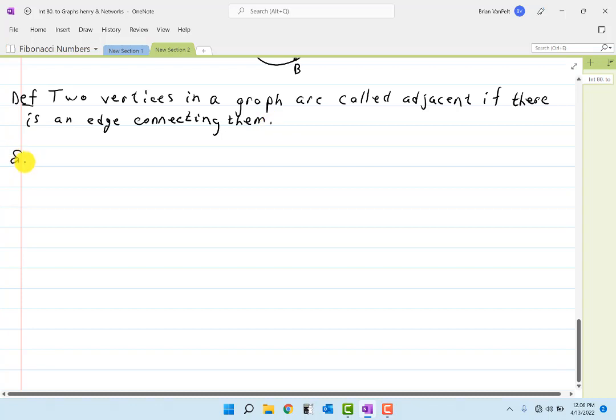So as a quick example of this, if I have something like A, B, C, A is adjacent to B, but not C.